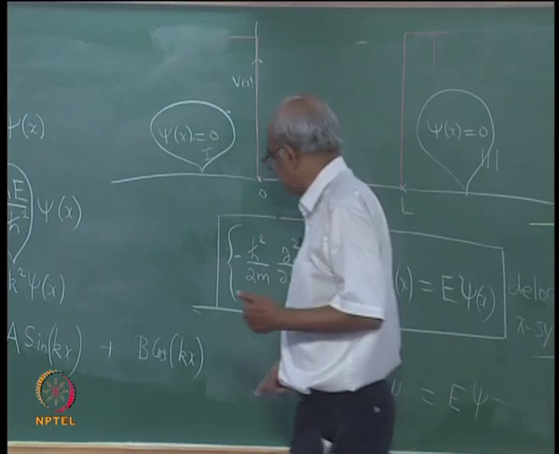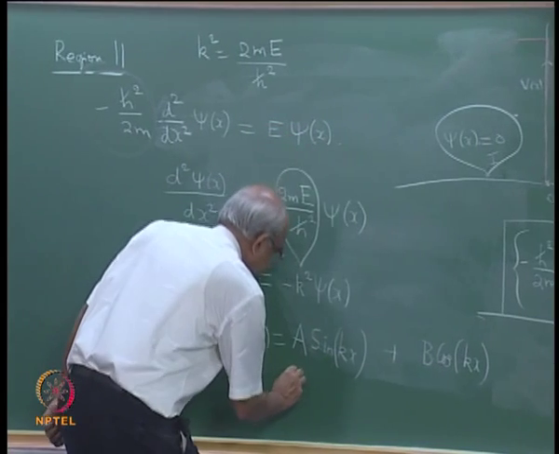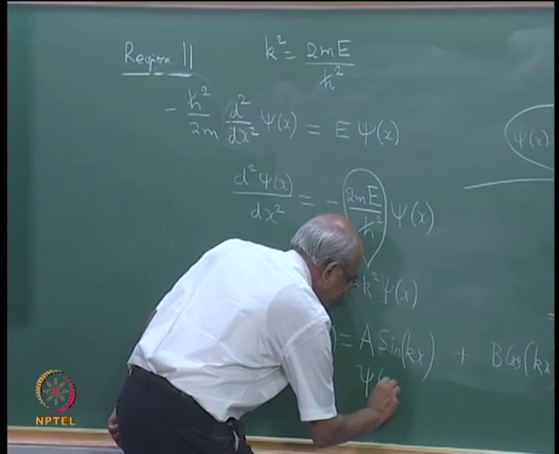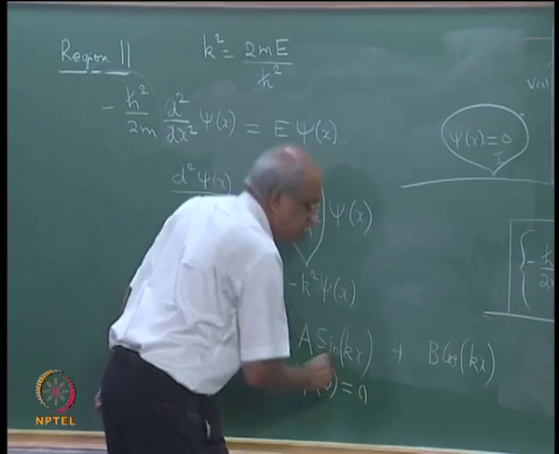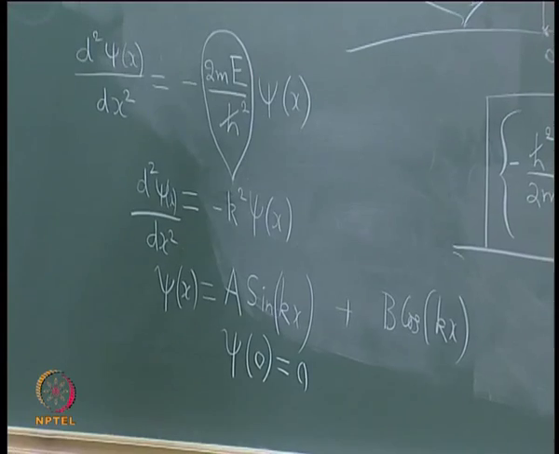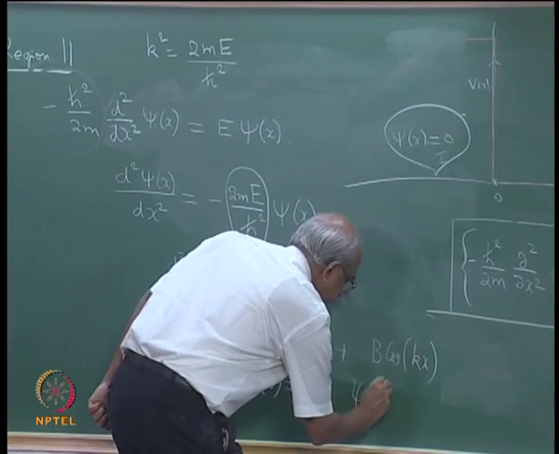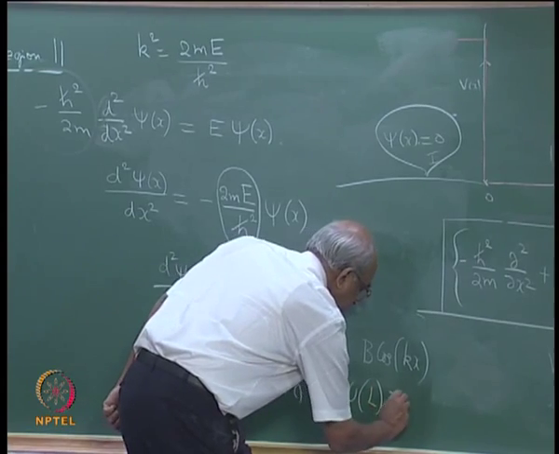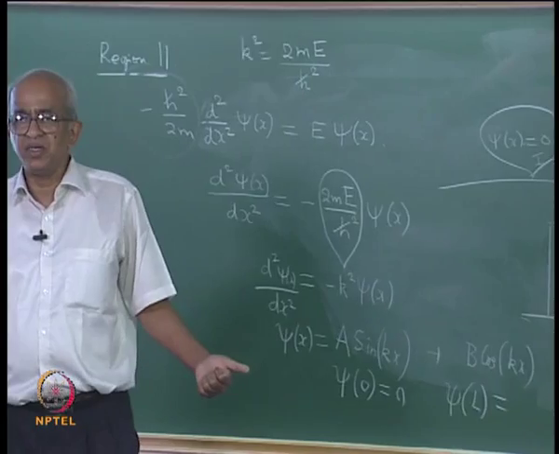So, this function that I have found has to satisfy the condition that at x is equal to 0, it should be equal to 0. And not only that, when x is equal to L, what should be its value? It again should be 0.